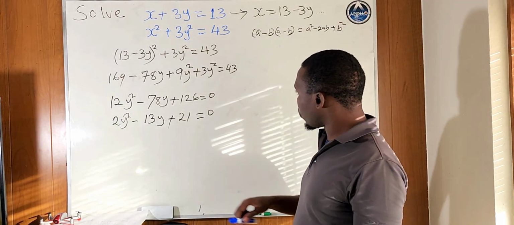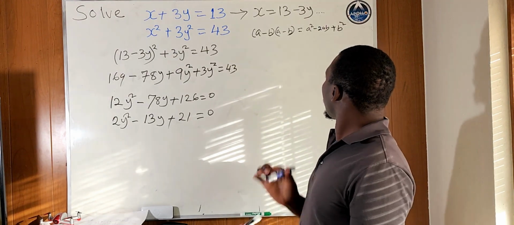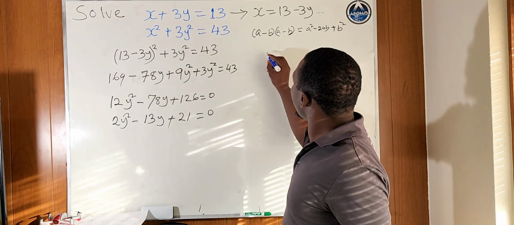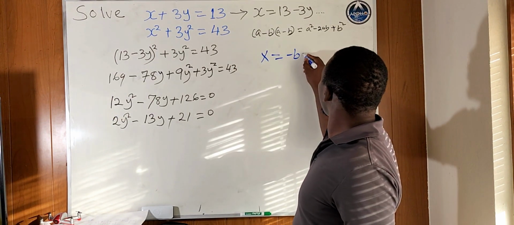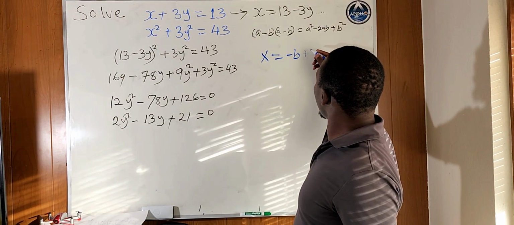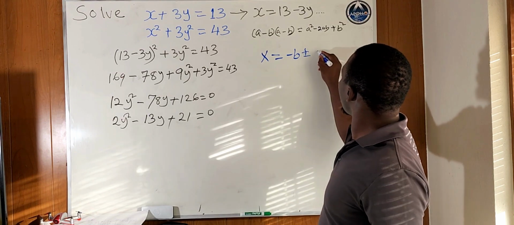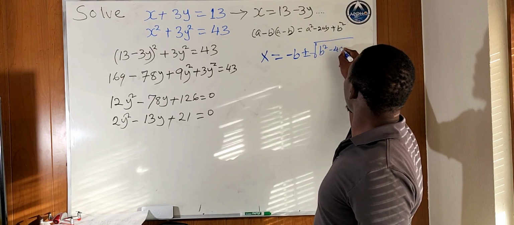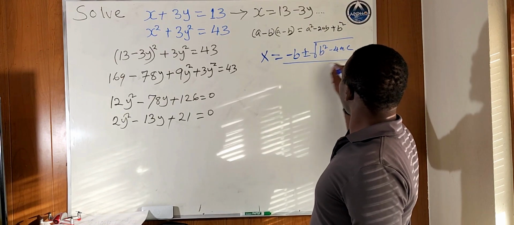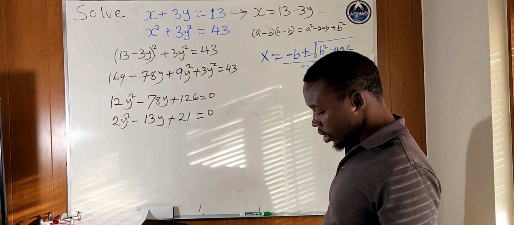Remind yourself of the quadratic formula, which is x equals minus b plus or minus the square root of b squared minus 4ac, everything divided by 2a.